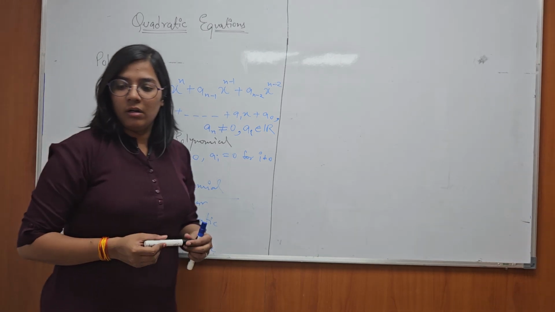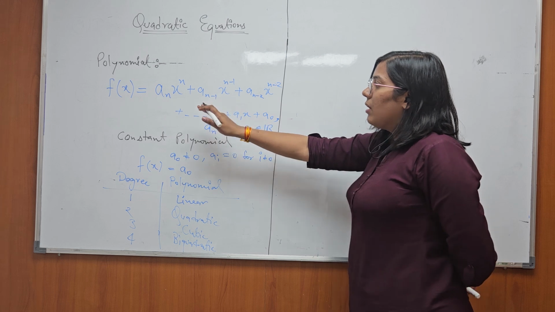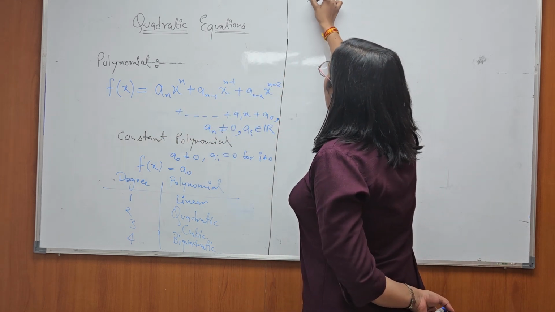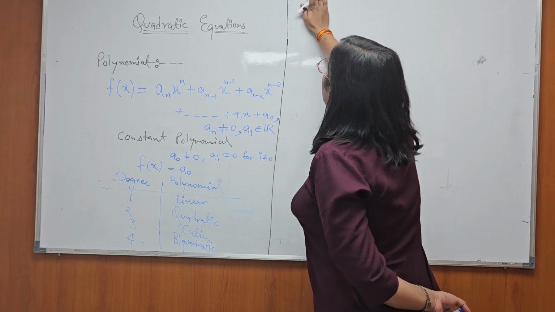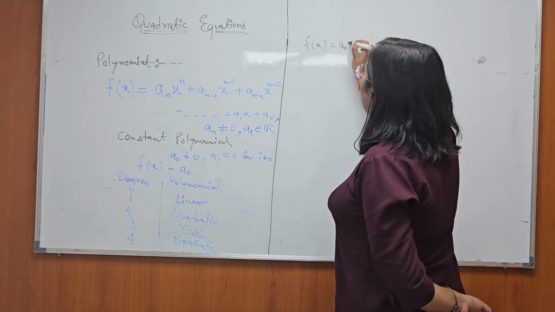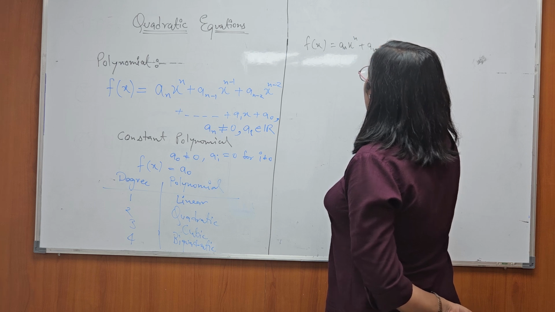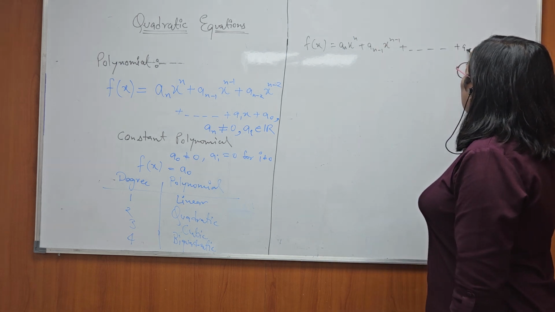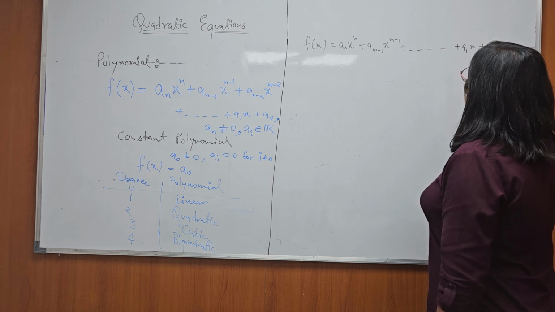Now let's move on. Further, if we are talking about the nth degree polynomial, that is f of x equals a_n x raised to n plus a_(n-1) x raised to n minus 1 till a_1 x plus a_0.